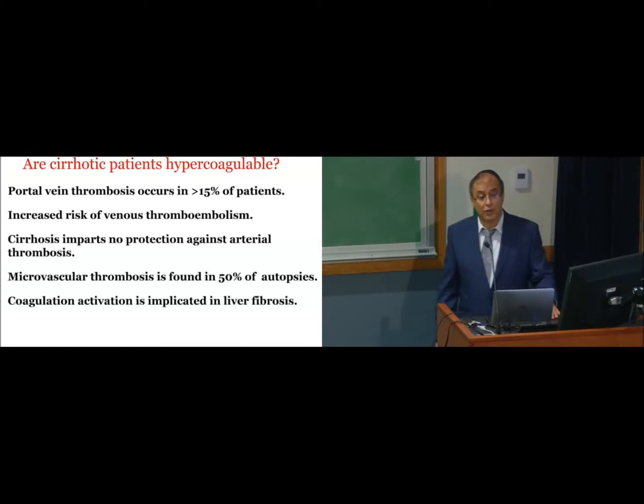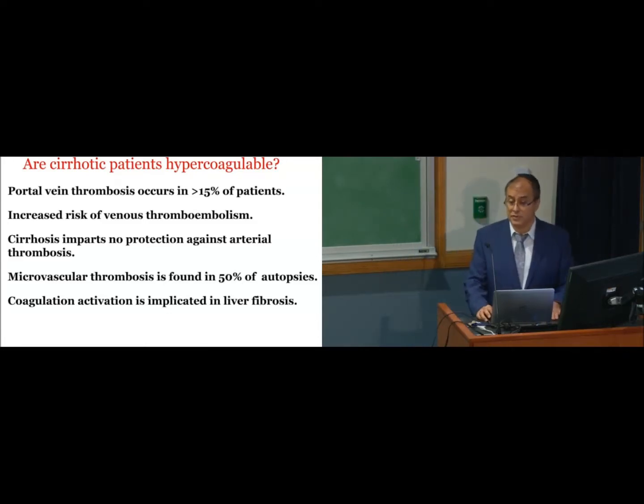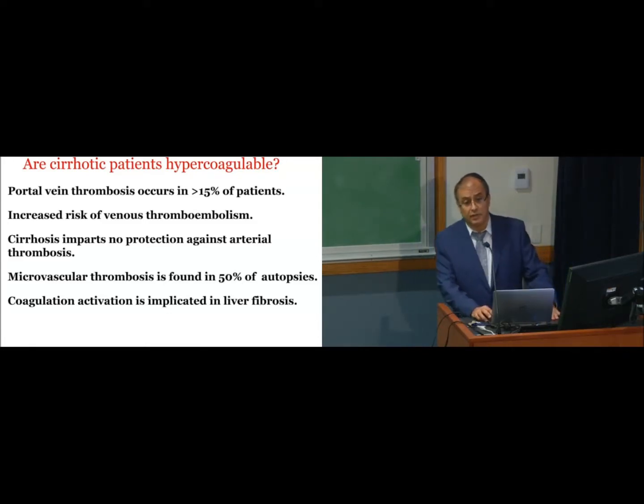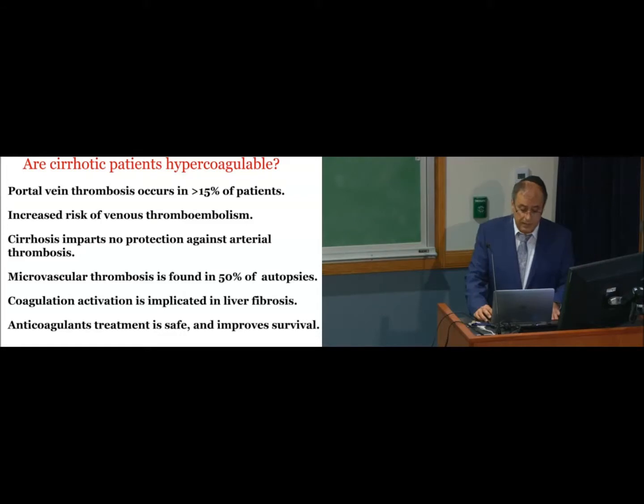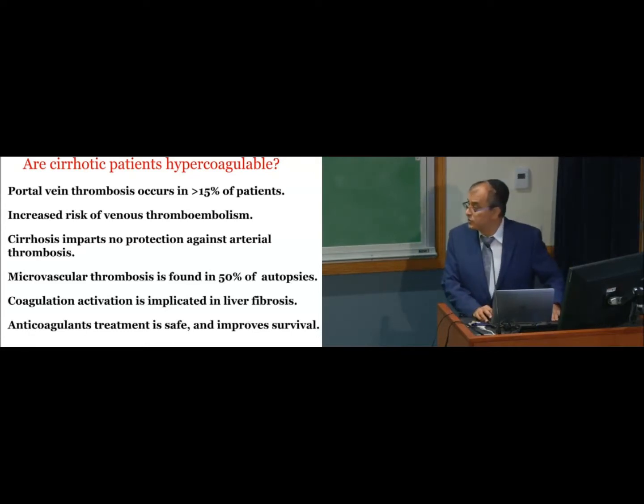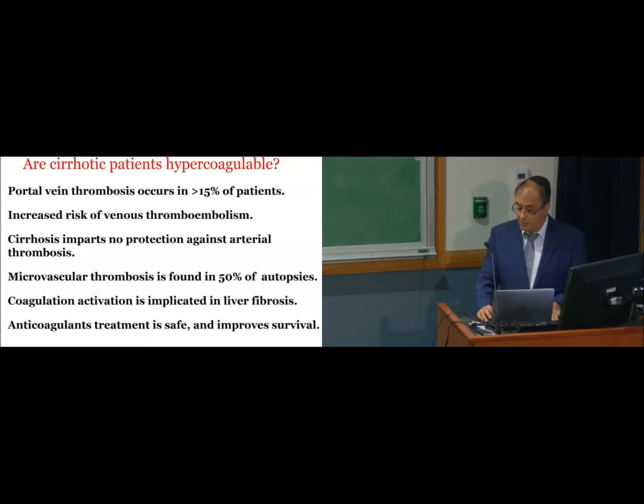And actually, coagulation activation is implicated in the progression of liver fibrosis to cirrhosis. Hep C, for example, progresses much slower to cirrhosis in patients with hemophilia. And lastly, anticoagulation treatment, when given to treat or to prevent portal vein thrombosis, is safe and effective, and improves survival.